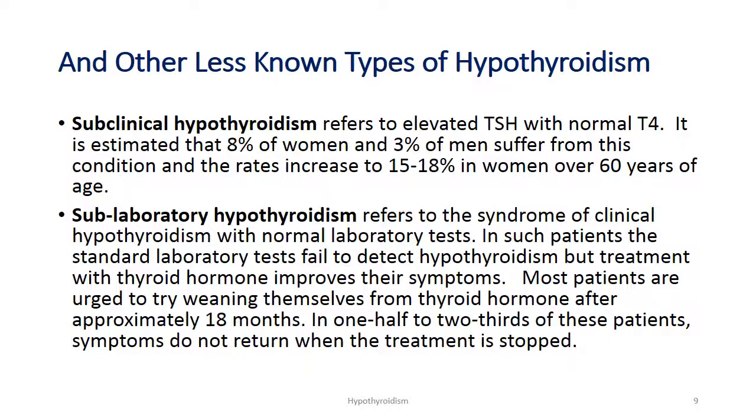If such a patient is diagnosed, they are urged to try to wean themselves off of the thyroid hormones after being on the thyroid medicine for about 18 months, because in half to 2/3 of these patients, symptoms do not return when the treatment is stopped.